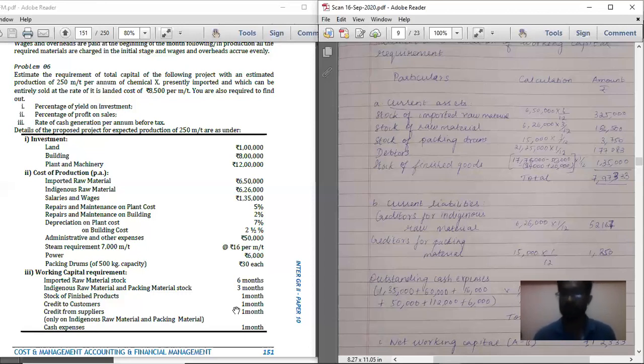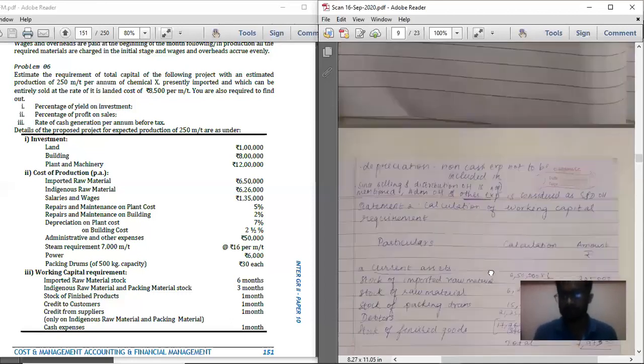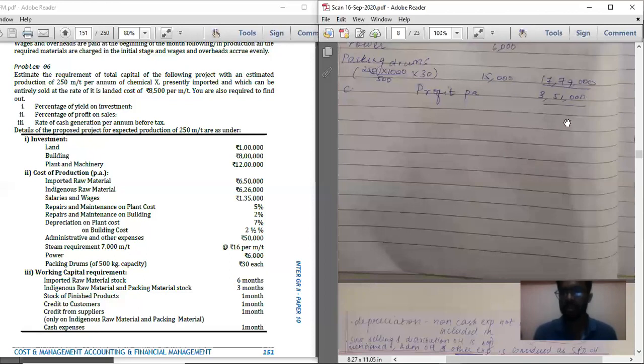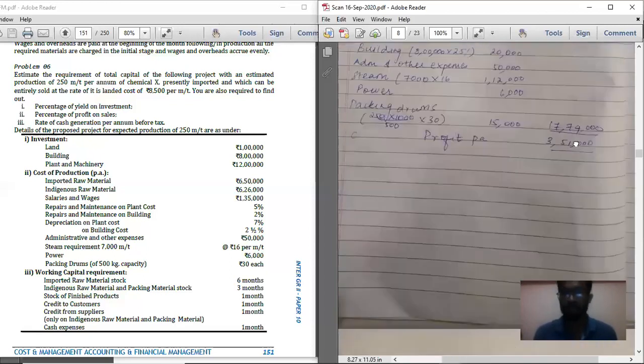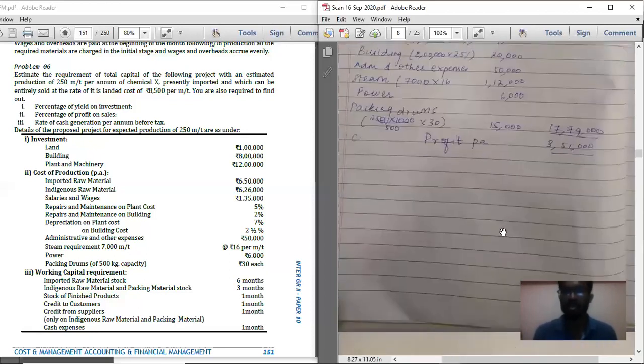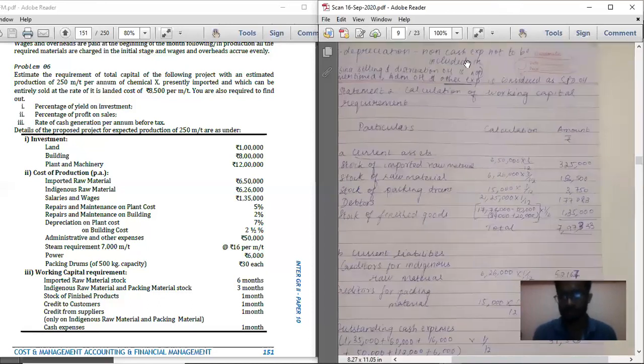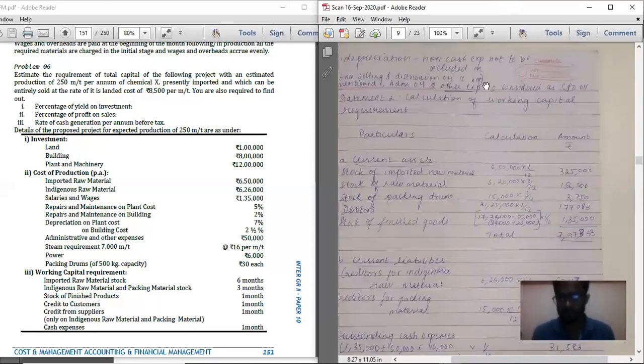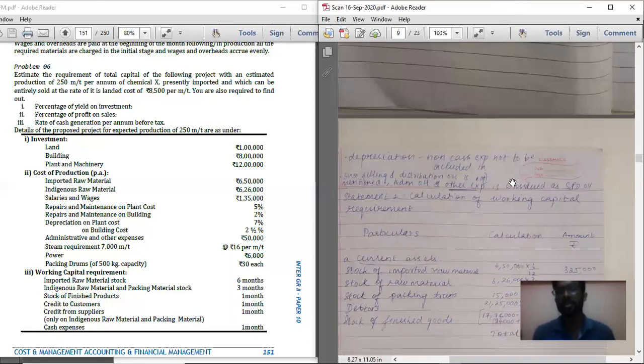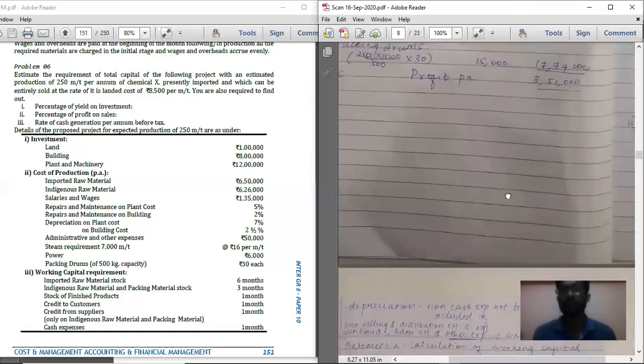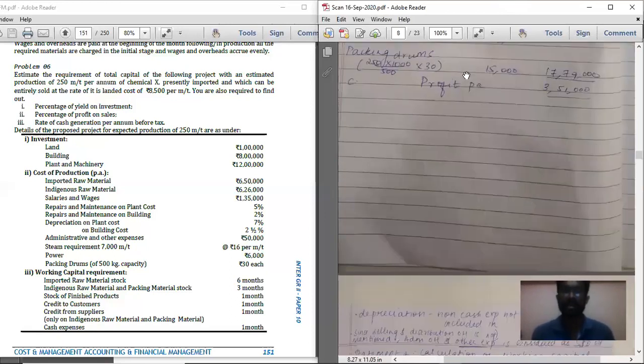How to find this cost of production? The total cost is 17,74,000. On that, what are all the expenses which do not form part of cost of production? See, packing drums.